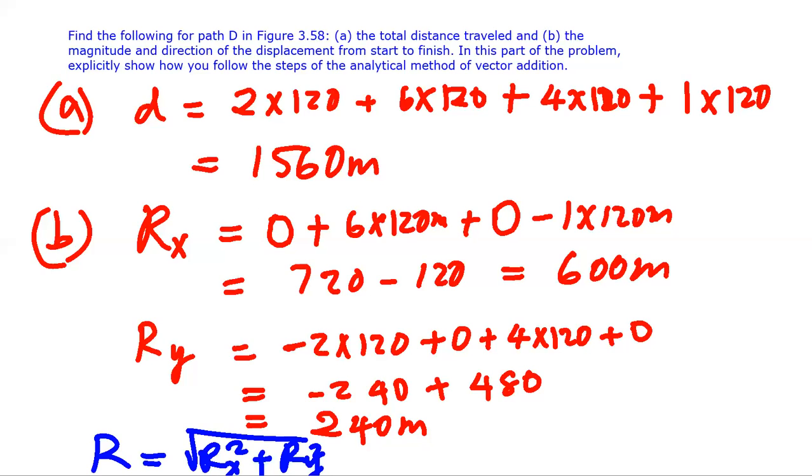So this is equal to the square root of 600 squared plus 240 squared, which is 646.